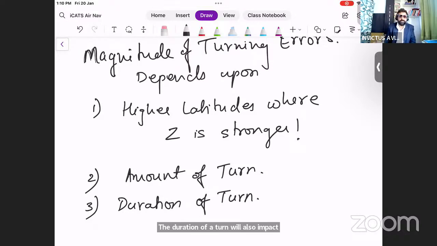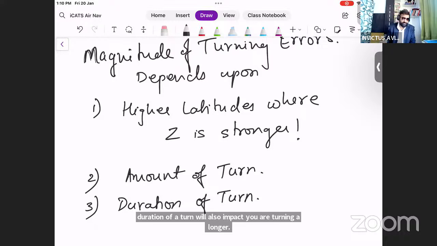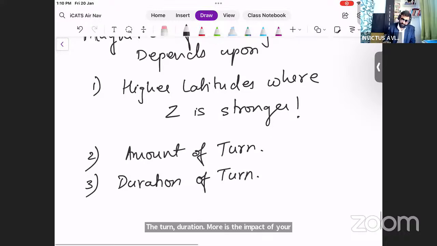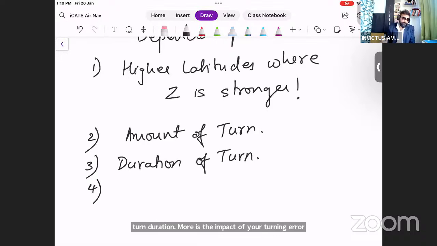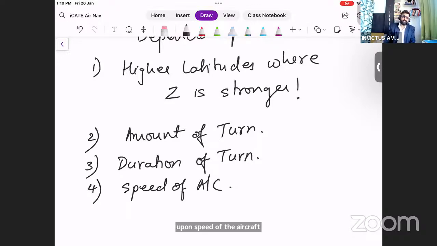Longer the turn duration, more is the impact of your turning error. Interestingly, magnitude of turning error also depends upon speed of the aircraft. Generally, if we don't mention this, we might only relate speed with acceleration, deceleration. That is not the case.